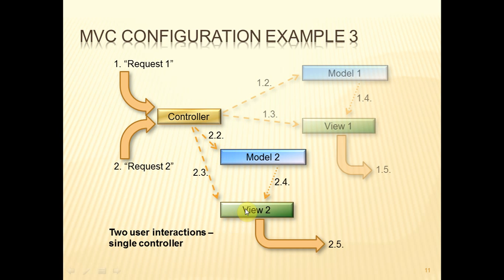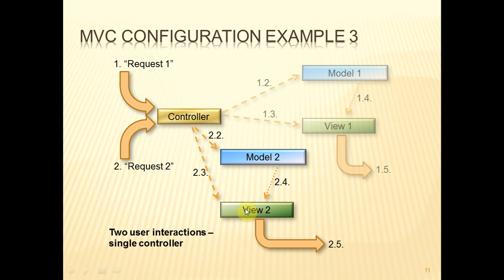So we can see here then that we could have, in this particular example, a controller that interacts with the user, receives all the requests that come in, and will then activate a different set of model and view components depending upon which request has been received.